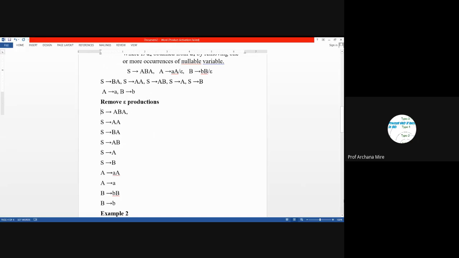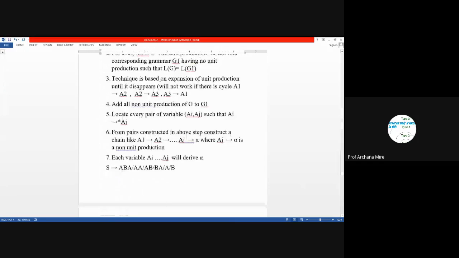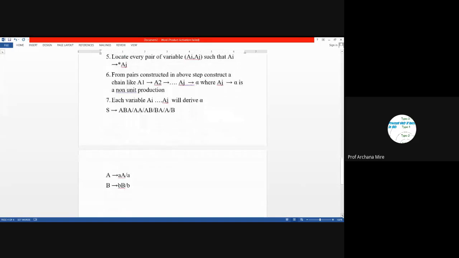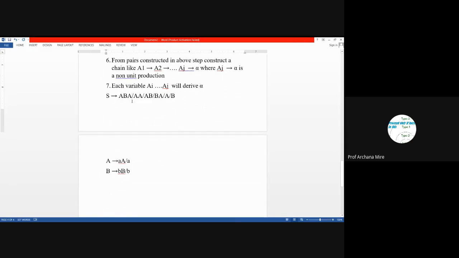So let's apply the next step, that is removal of unit production. From this grammar, which are unit productions? A single non-terminal leading to a single non-terminal, that is the simple definition of unit production.